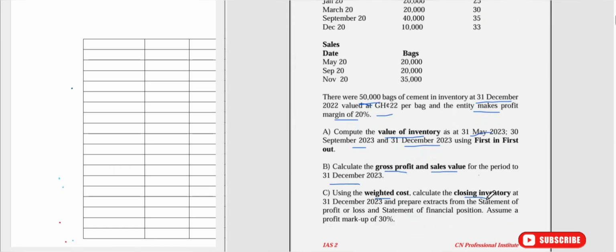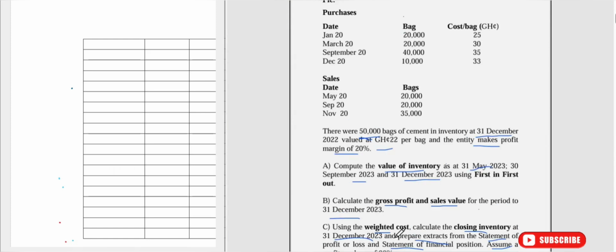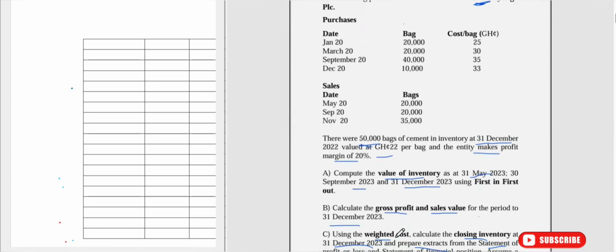Calculate the closing inventory at 31st December 2023 and prepare the extract of the financial statements, that is, the statement of profit or loss and the statement of financial position. Assume a markup of 30%. So this question is not difficult.